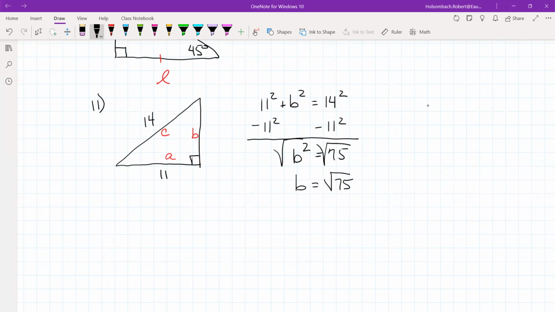It's not a perfect square, so we have to simplify it. The square root of 75 is equal to the square root of 25 times the square root of 3. The square root of 25 is equal to 5. So our B is equal to 5 radical 3.